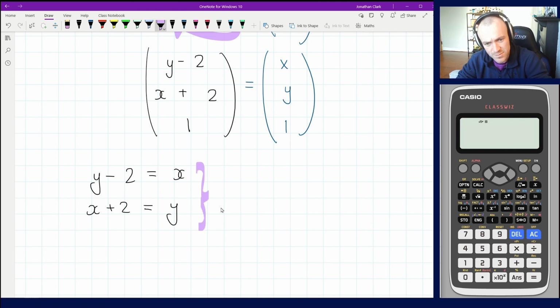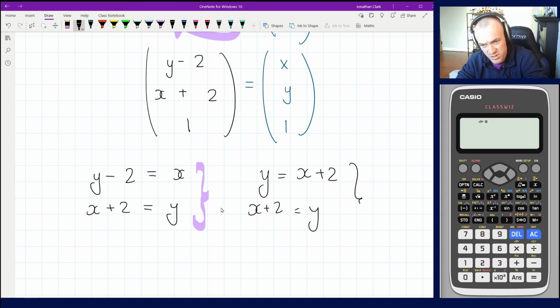These two equations, you might notice with a little bit of rearrangement that they are exactly the same. So if you take that minus 2 over to the other side, then you would get equals x. This equation is x plus 2 equals y, and you see that they are the same thing.